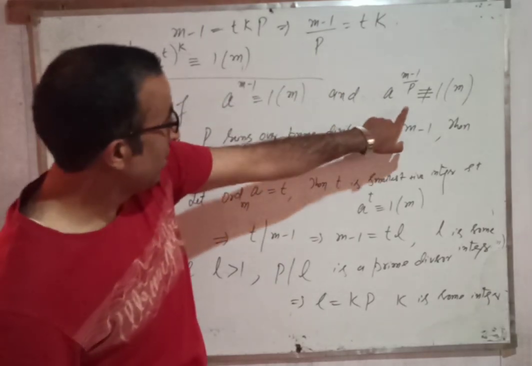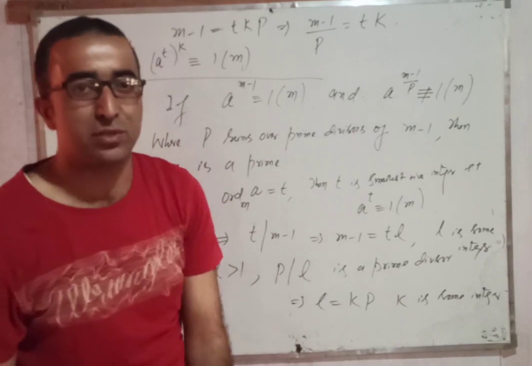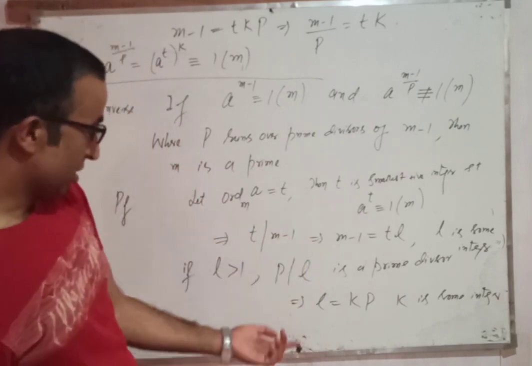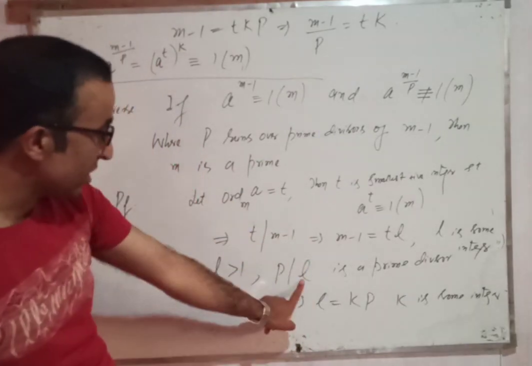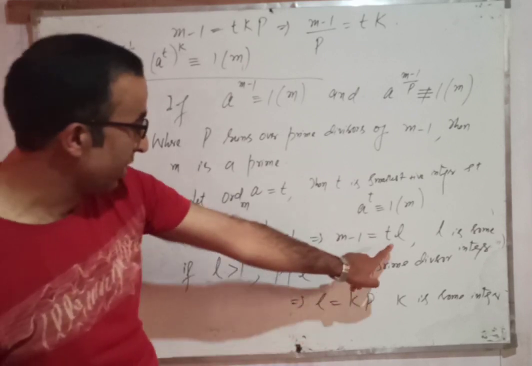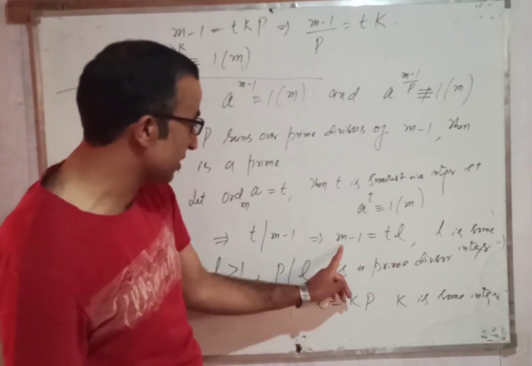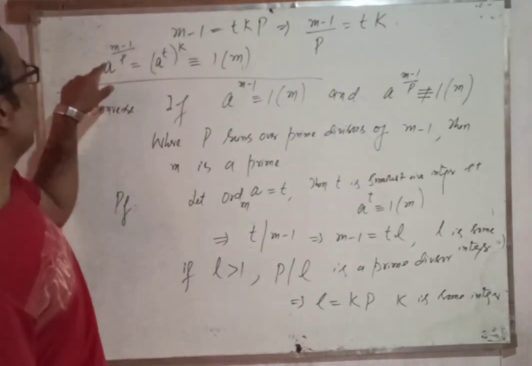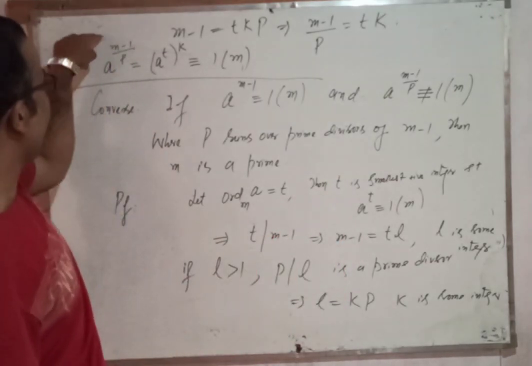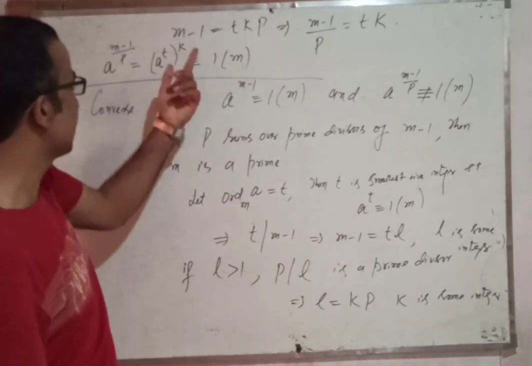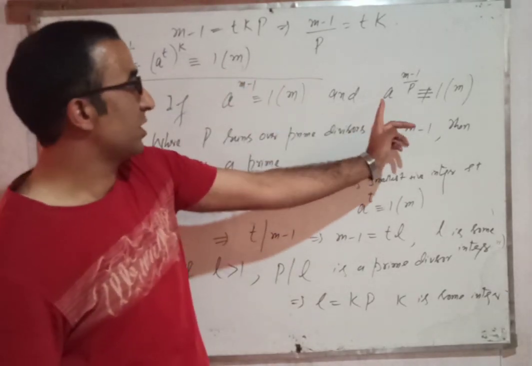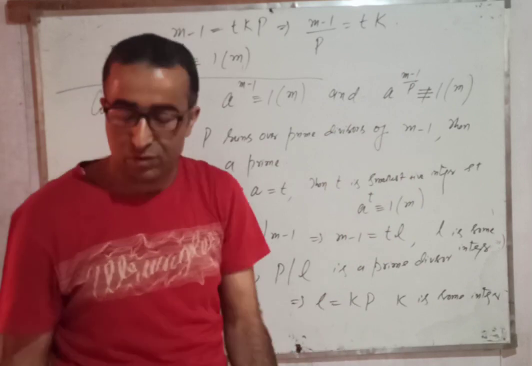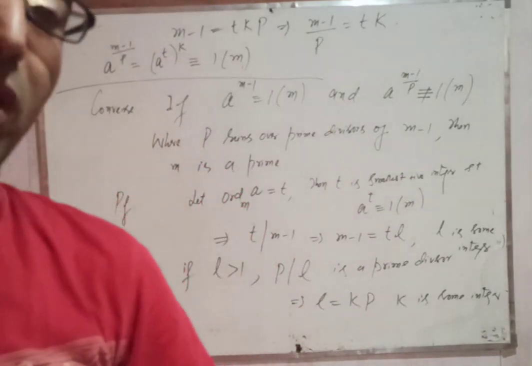Means you have a contradiction to this very given hypothesis, because you are choosing p a prime divisor of l. Since p divides l and l divides m minus 1, p divides m minus 1, means p is a prime divisor of m minus 1, and you have a power m minus 1 over p congruent to 1 mod m.